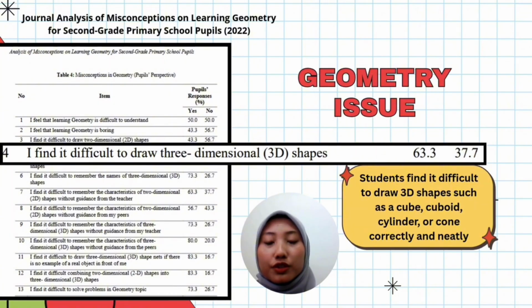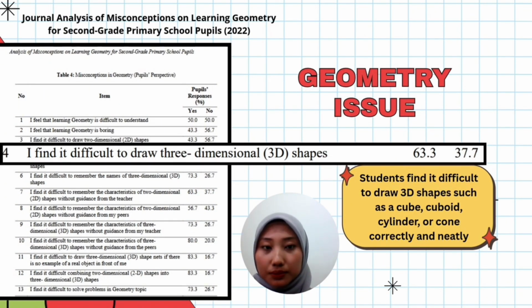Okay, we go to the first issue, based on the journal Analysis of Misconceptions on Learning Geometry for Second Grade Primary School Pupils, 2022. Based on the table, a few students find it difficult to draw three-dimensional shapes such as cube, cuboid, cylinder, or cone correctly and neatly.